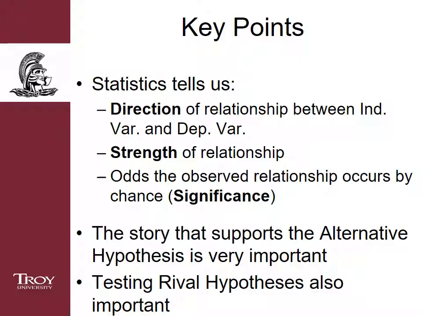The theory tells us this model of the world: here's what we think is going on. And then we derive from that some testable hypothesis. And then statistics tells us, first, we find out if there's the predicted relationship.